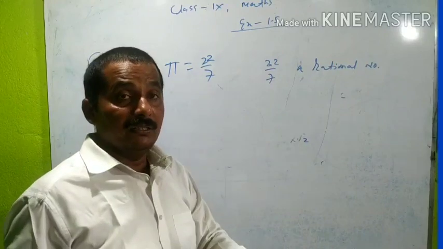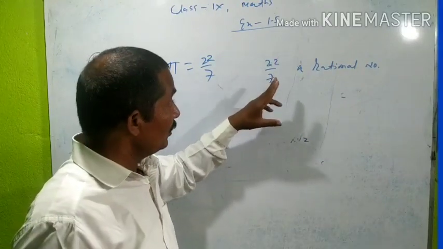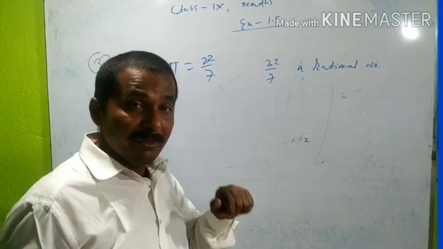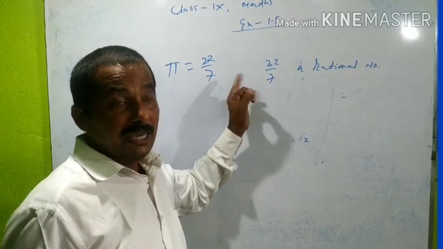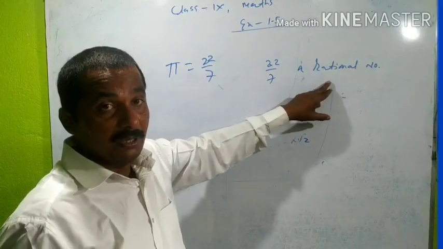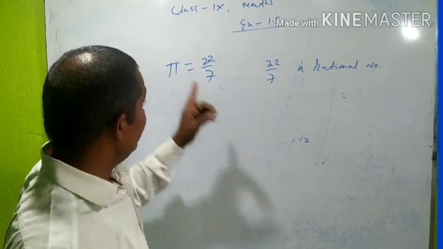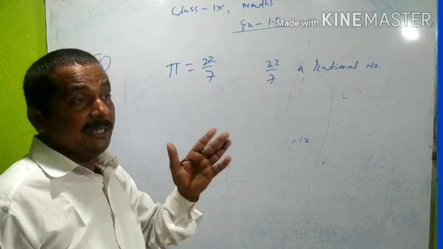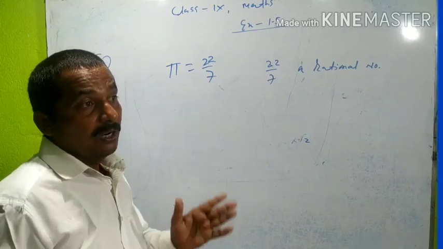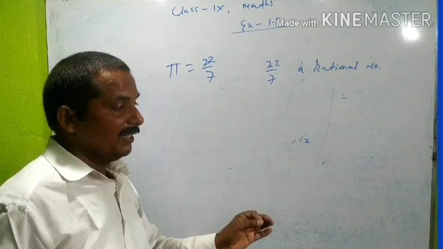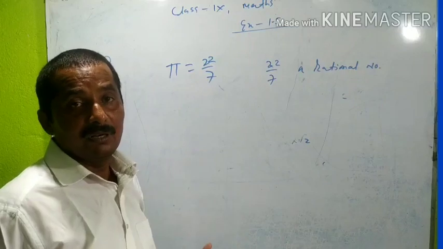But keep in mind, this is not the real value of pi. This is the approximate value of pi. And it is in the form of p by q, as I told earlier, so it is a rational number. But if you go for finding the real value of pi, then its value comes as a non-terminating and non-repeating decimal.